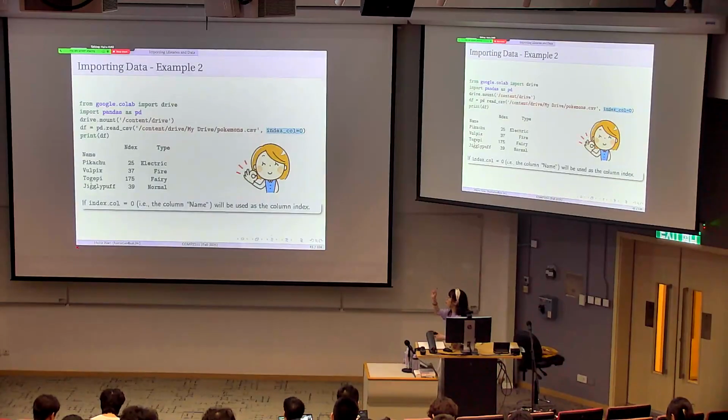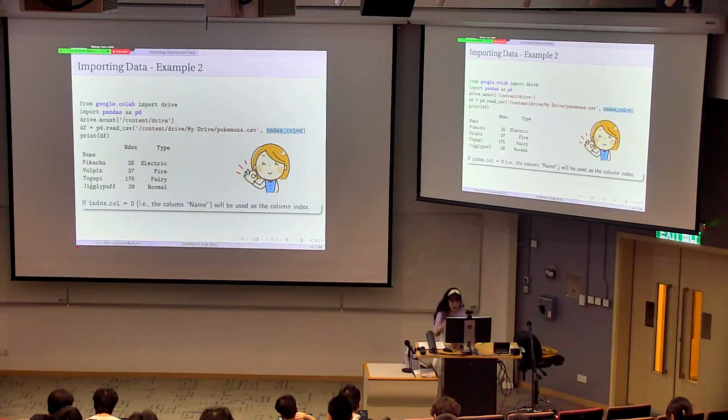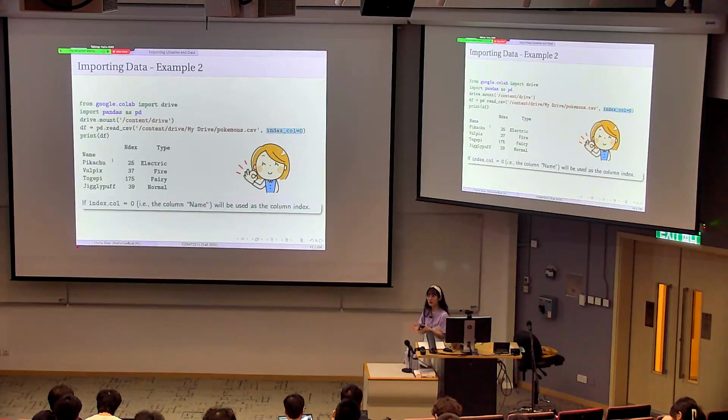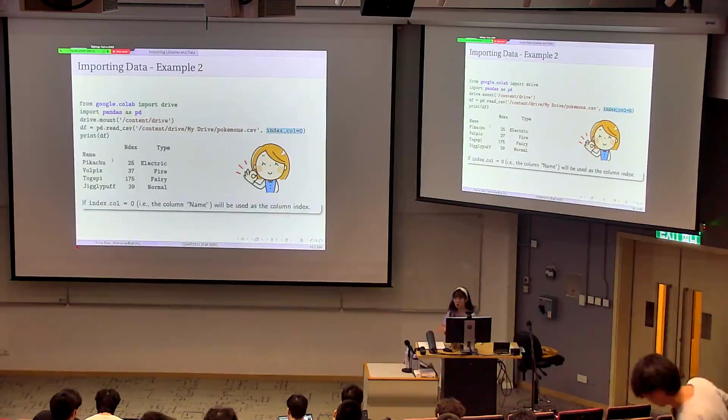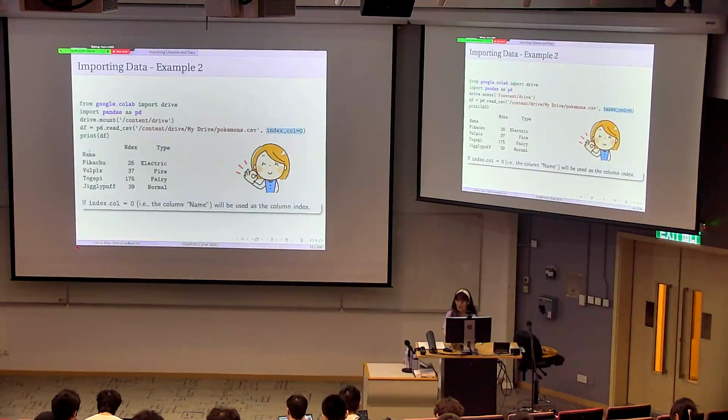So that means now this data still has 4 rows, but it only has 2 columns because the leftmost column is used as the index column. So name is an index, Pikachu is an index, Wapix is an index. It's not the data contents anymore. It's used as index because now we set the index column to be 0 to indicate that we want to use the first column as the index column.